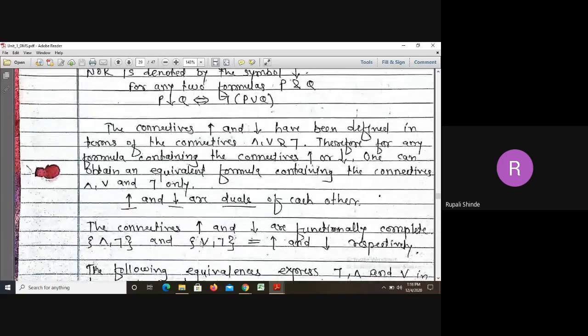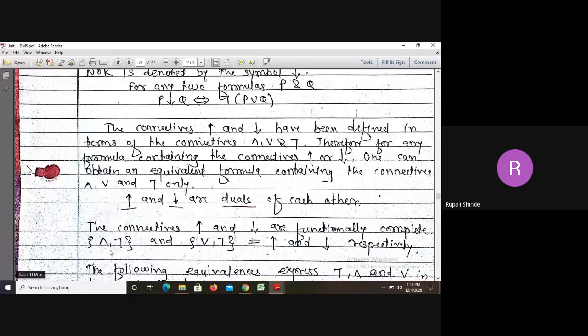Again, the connectives NAND and NOR are functionally complete. Why? Because last lecture we saw what a functionally complete set of connectives is. There are two different sets that can be functionally complete. The first set contains AND and negation, and the second set contains OR and negation.